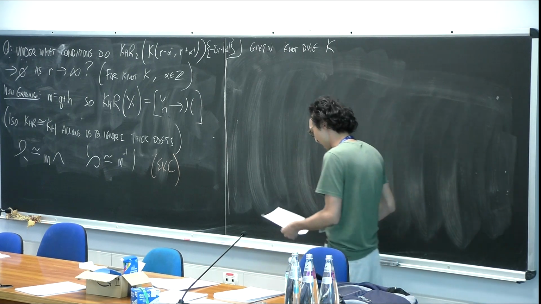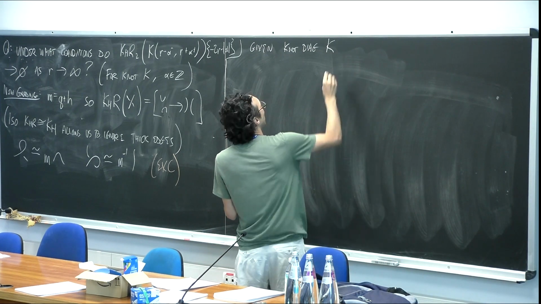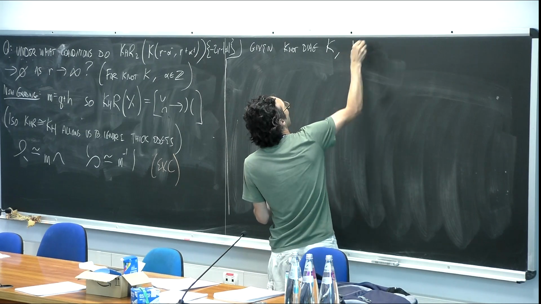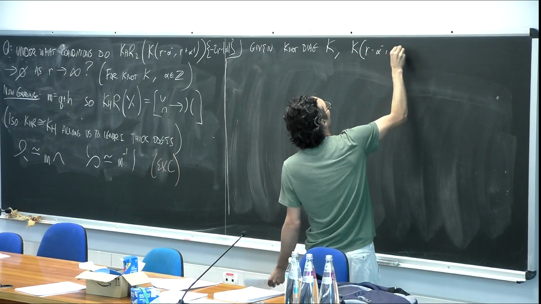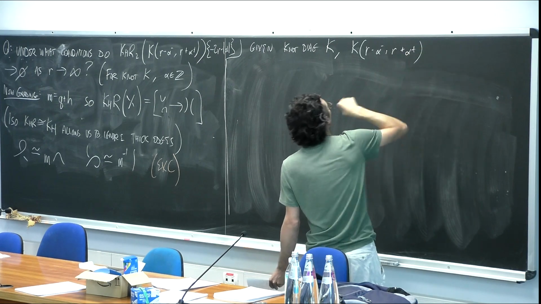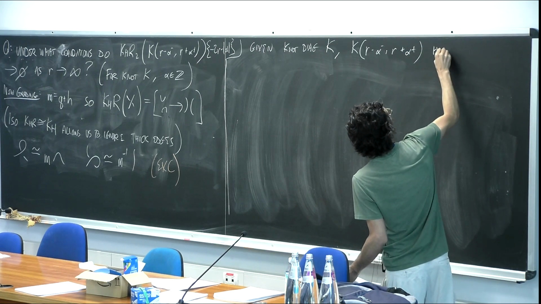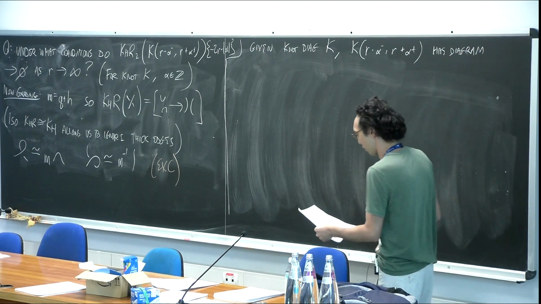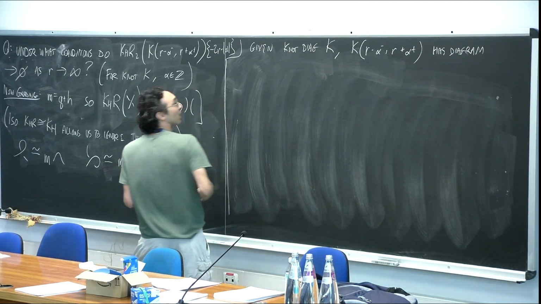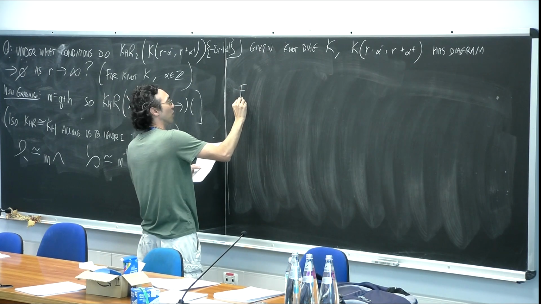That's going to be the K. And then this guy, what's the diagram here? Well, I want to draw it this way. I'll explain in a moment.